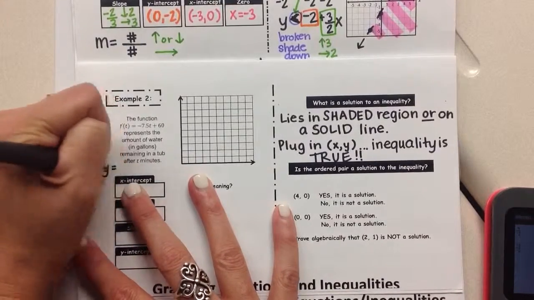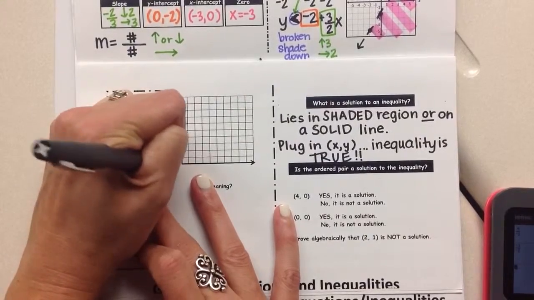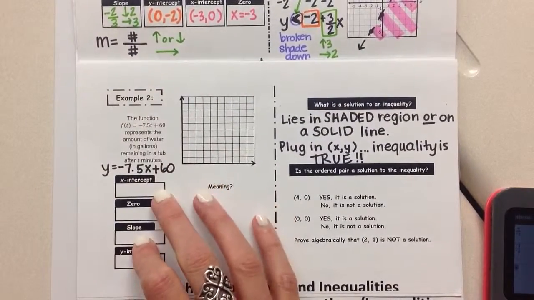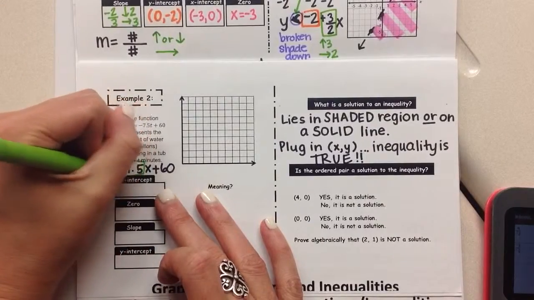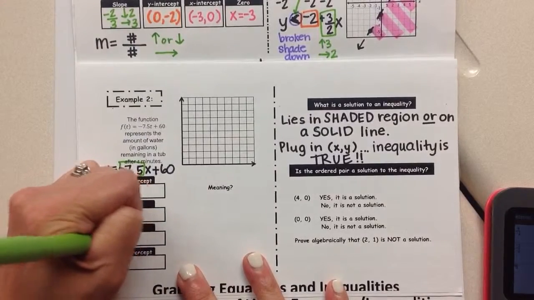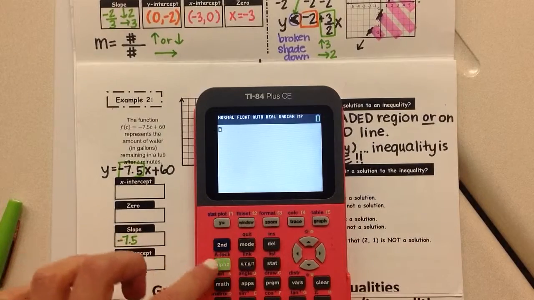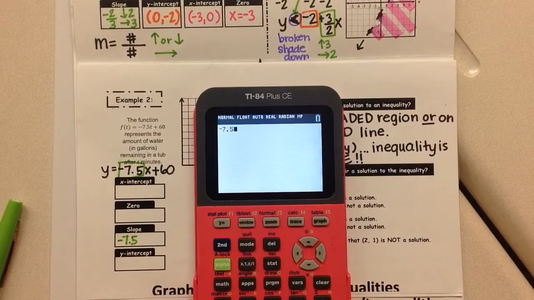So it's y equals negative 7.5x plus 60. And when it's in y equals mx plus b format, I already know some information. I know my slope. My slope is negative 7.5. And if I turn that into a fraction, it's going to tell me how it moves. So I'm going to do negative 7.5, math, frac, enter.